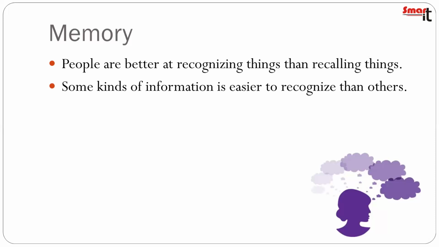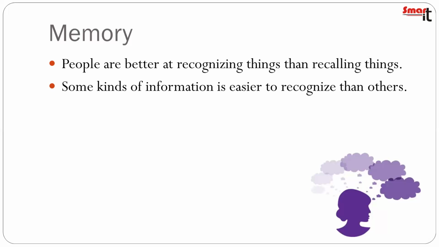Some kinds of information are easier to recognize than others. That is the next thing. Sometimes you see many persons, but someone you can't remember, maybe a person you accidentally met on a bus three or four years back.